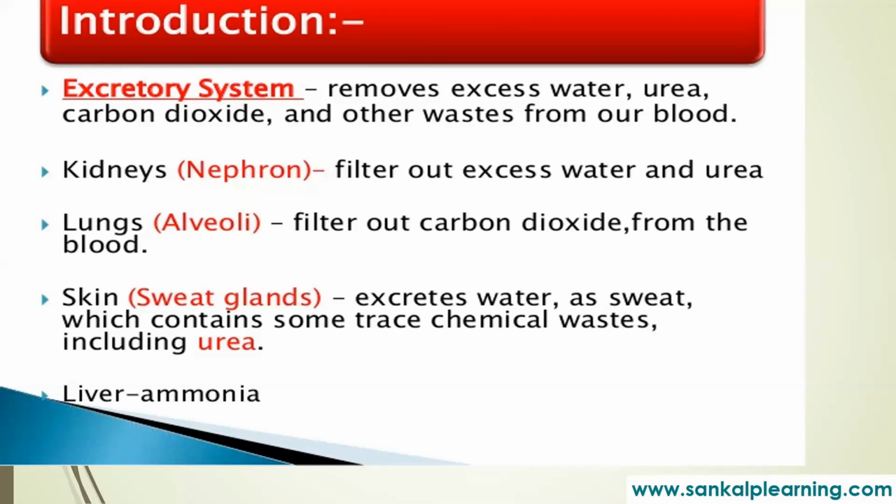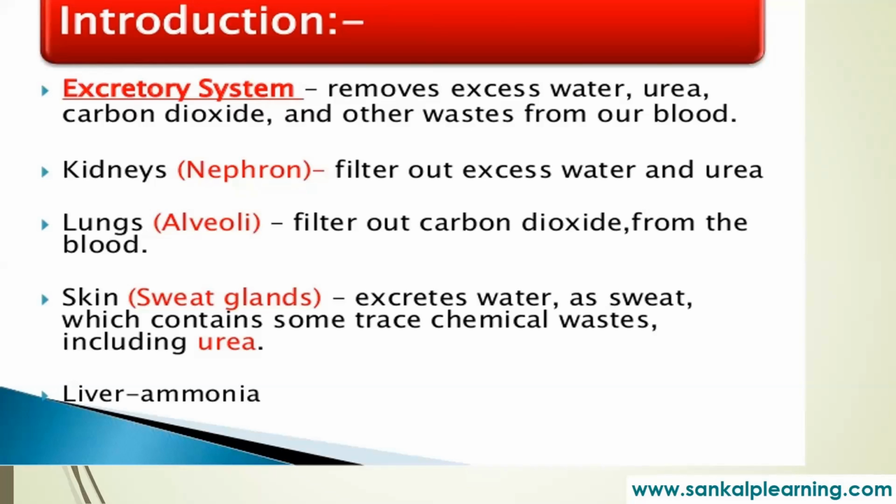We know that a person who sweats will be more healthy, because most of the waste will be sent out through sweat. It excretes water as sweat, which contains some trace chemical waste, including urea. So our sweat also contains a very minute trace of urea.